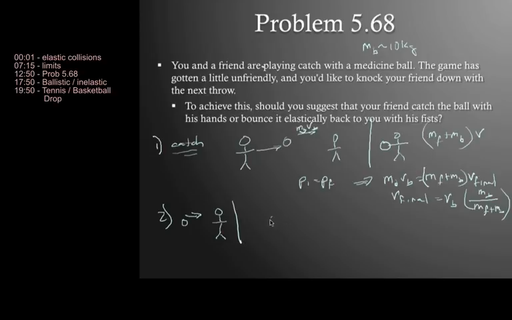And now sometime later, you want the ball to bounce back elastically with whatever velocity that is, v final. And now your friend, in order to conserve momentum, is going to go this way. So that's v friend final.